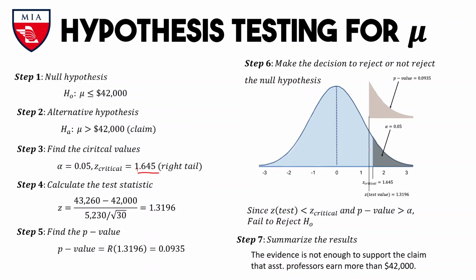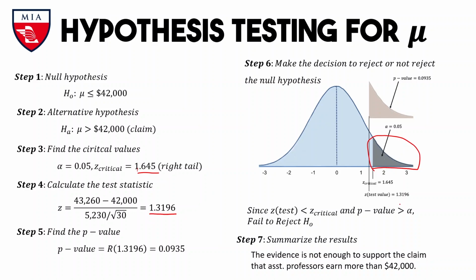So here's our 0, and the value of our z-critical is 1.645. So this is the critical region. Then our computed z-test or standardized test statistic is 1.316.